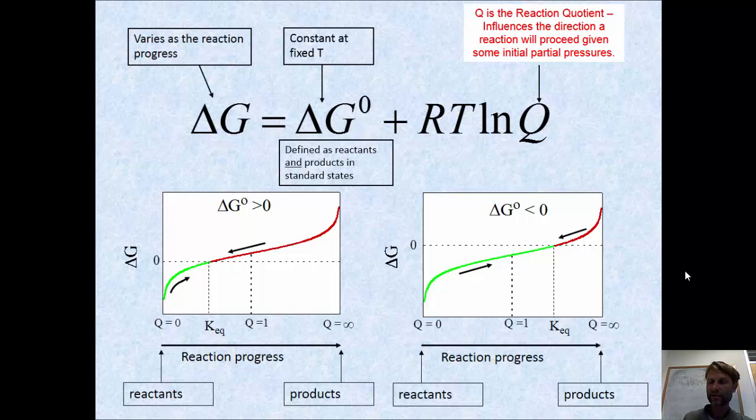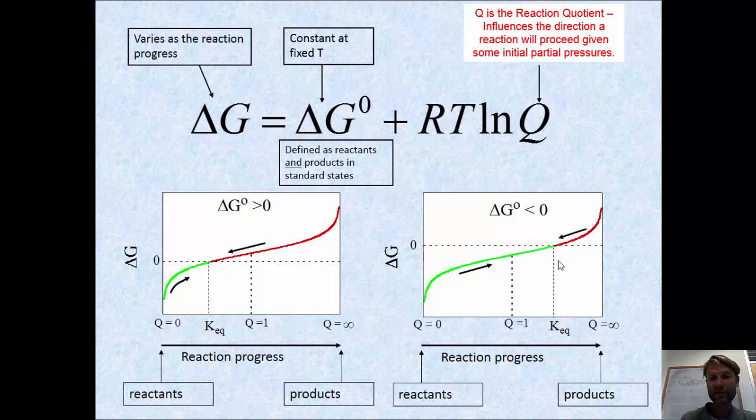If we look at a different reaction which is spontaneous under standard conditions, where delta G0 is less than 0, we can see where Q equals 1, the reaction still needs to go forward to reach equilibrium. If the products have built up too much, then the reaction will go backwards to reach equilibrium.